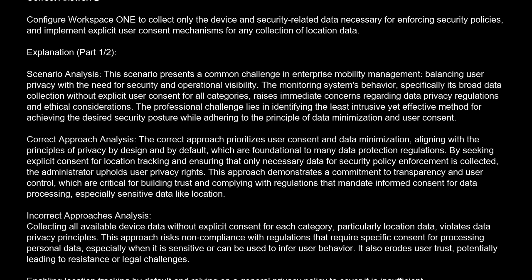Incorrect approach analysis. Collecting all available device data without explicit consent for each category, particularly location data, violates data privacy principles. This approach risks non-compliance with regulations that require specific consent for processing personal data, especially when it is sensitive or can be used to infer user behavior.